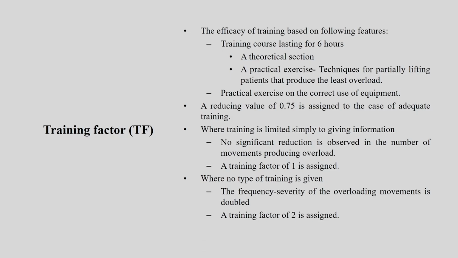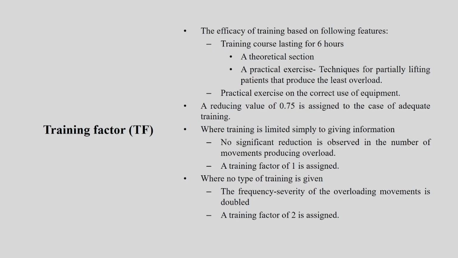It is not only what you are handling, but also how you are handling. Patient definitely cooperative, non-cooperative, these are the types, what is the load limit, all these are there, but how you are handling is also an important factor. A reducing value of 0.75 is assigned to the case of adequate training. So, if you have adequate training, then you need to assign a reducing value of 0.75.